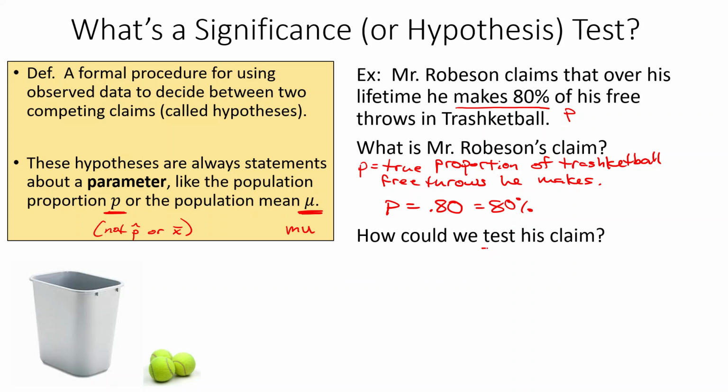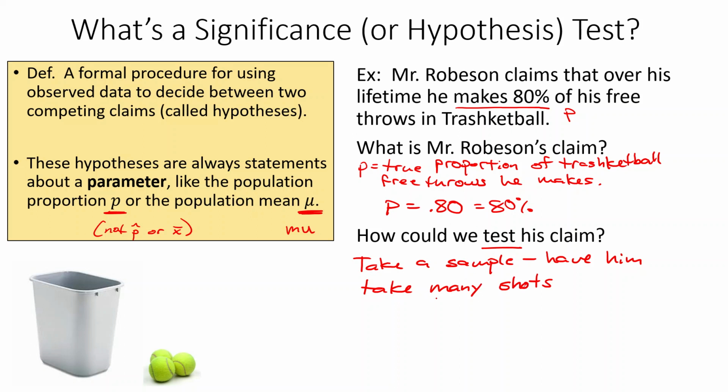Now, how can we go about testing his claim? Well, we would want to take a sample. In other words, have him take many shots. All right, so we don't just want to have him take one shot, because that wouldn't be enough to tell if he makes 80%.